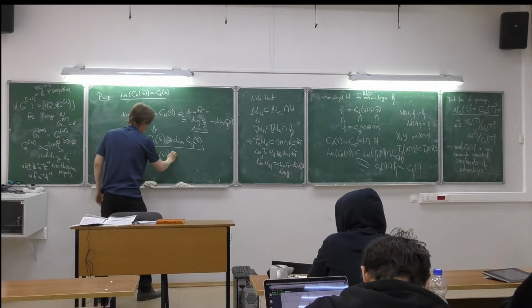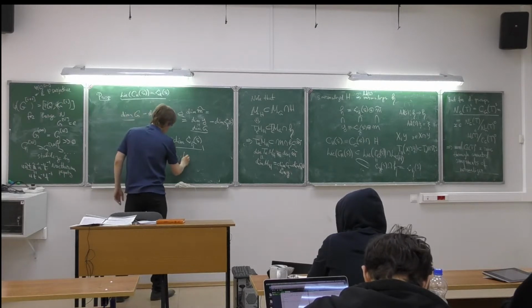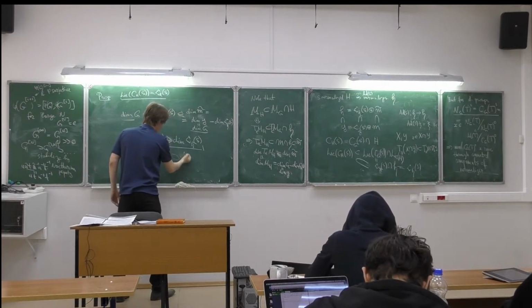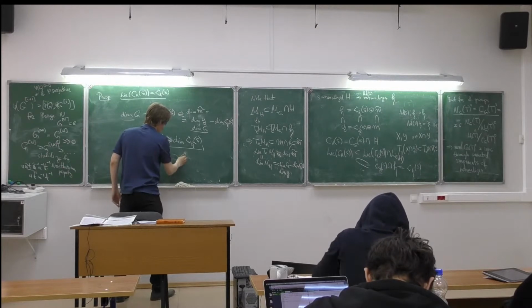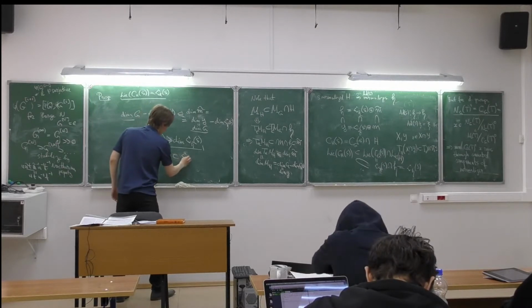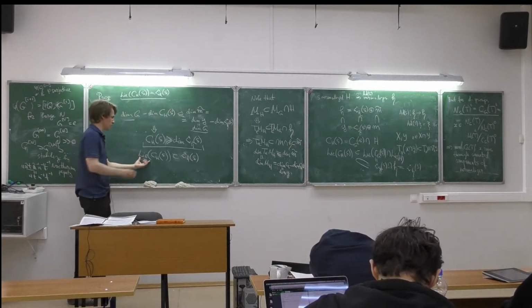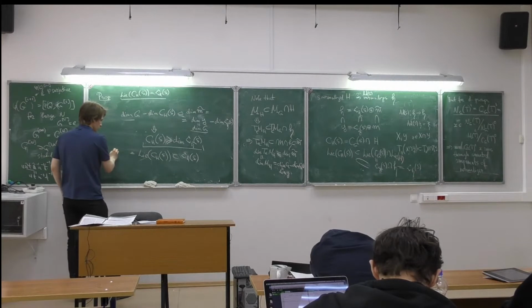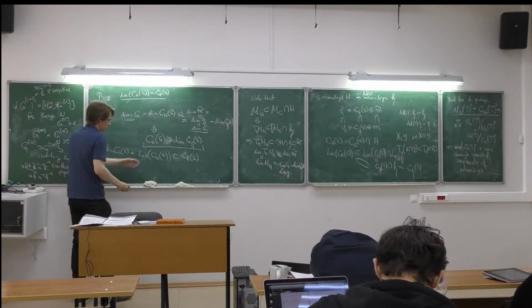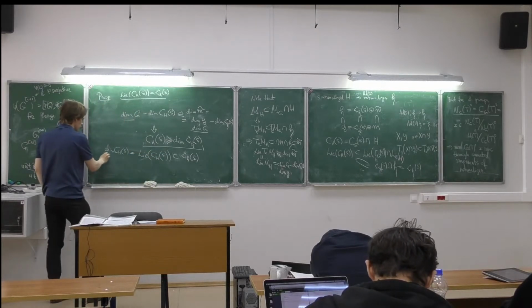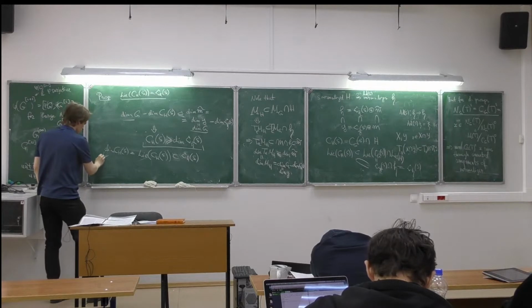So on one hand you have the inclusion that the Lie algebra is contained in this centralizer, and on the other hand, the dimension of the group is bigger or equal than the dimension of this Lie algebra standing here.